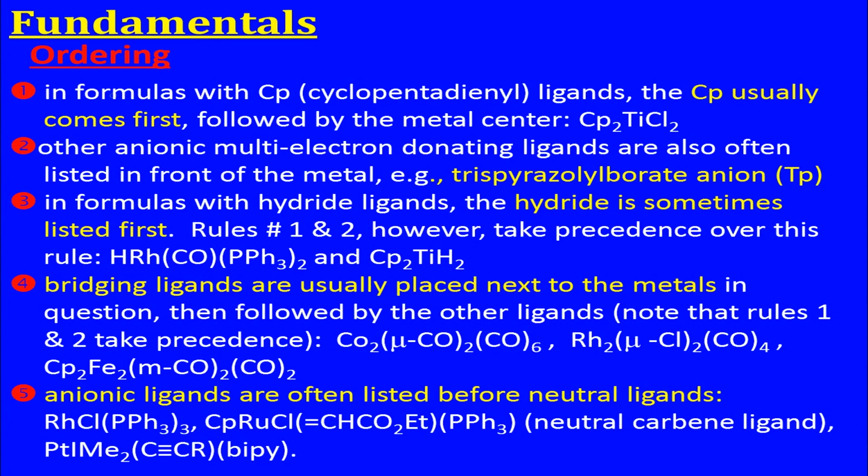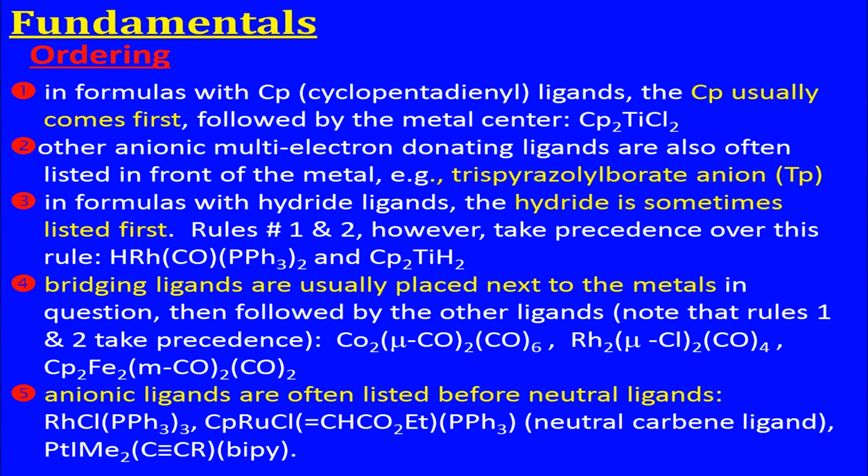In rule number 3, for the metal hydrides, M-H precede the metal center, but not the Cp; it could not precede the Cp or Tp. For example, if you have Cp, Tp, H, and metal, you write it this way: Cp, Tp, H, then metal.